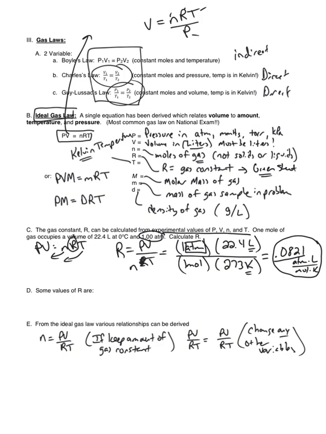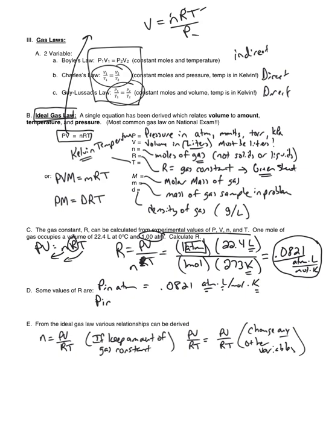So whenever pressure is in atmospheres, you're going to use 0.0821 for its value, because the units are atmospheres, liters, moles, Kelvin. And this is why I said the temperature must be in Kelvin, the volume must be in liters, and we're using 0.0821 whenever we are in atmospheres.